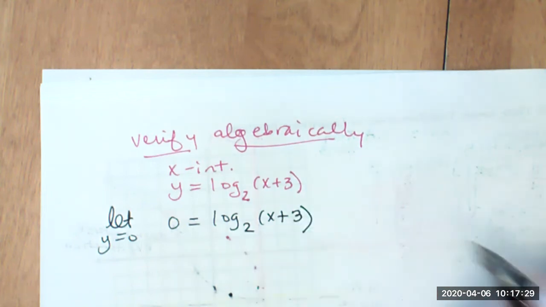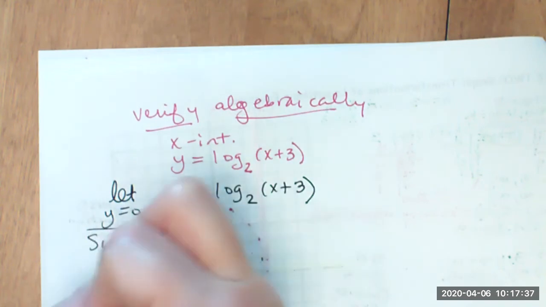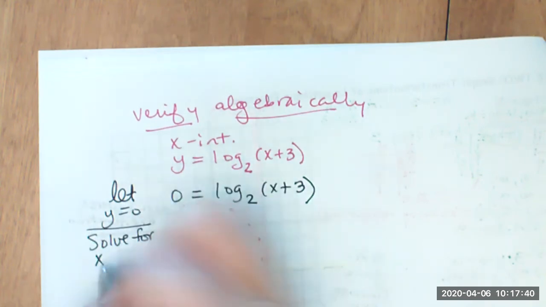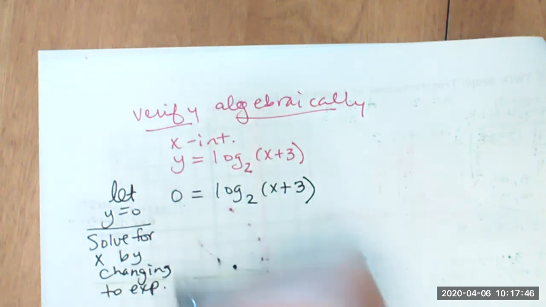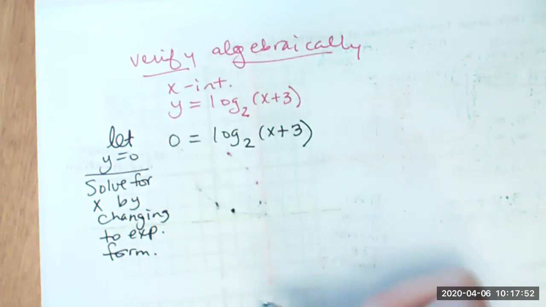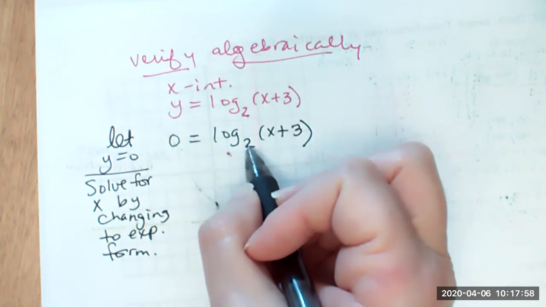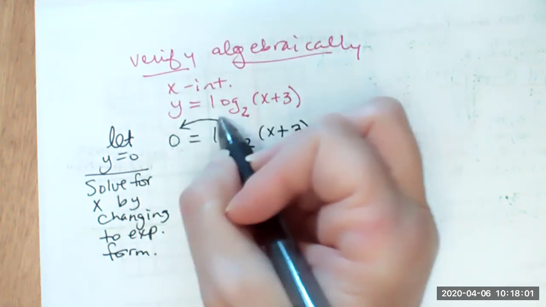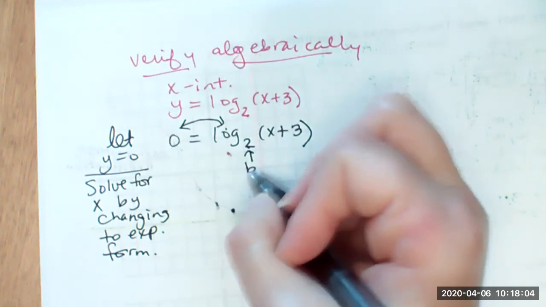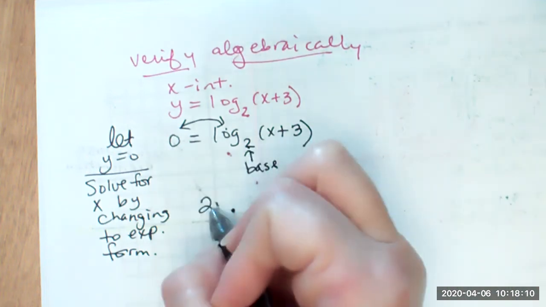Okay, now to be able to solve for x, we're going to change to exponential form. So we're going to solve for x, which will be the x-intercept, by changing to exponential form. What we'll do is notice the base here is 2. The log is equal to the exponent, right? So we're reviewing this from section 6.3. Here's the base. The log is equal to the exponent. So the base is 2.